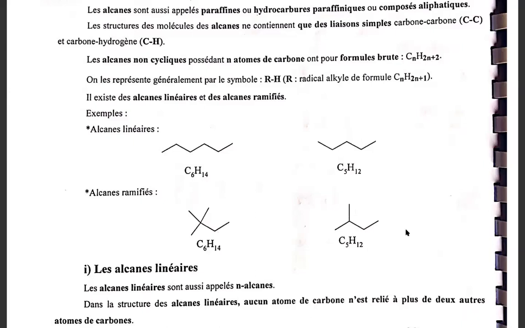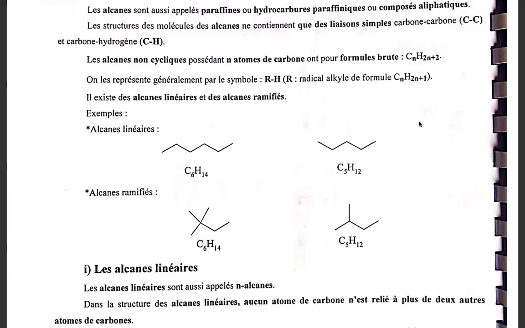Now, if we were to attack it with nomenclature, when you are naming an alkane ramifié, we are going to look for la chaîne principale, also known as the chain with the highest number of carbon atoms. Rule number 2, you are going to look for where the substituent is, what you are calling a radical alkyl.